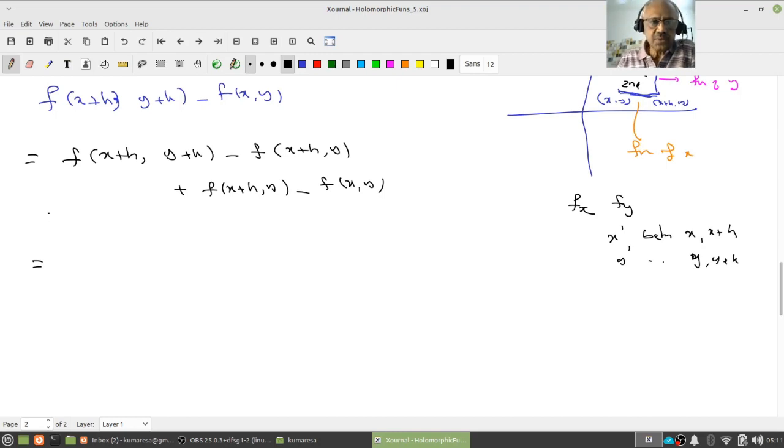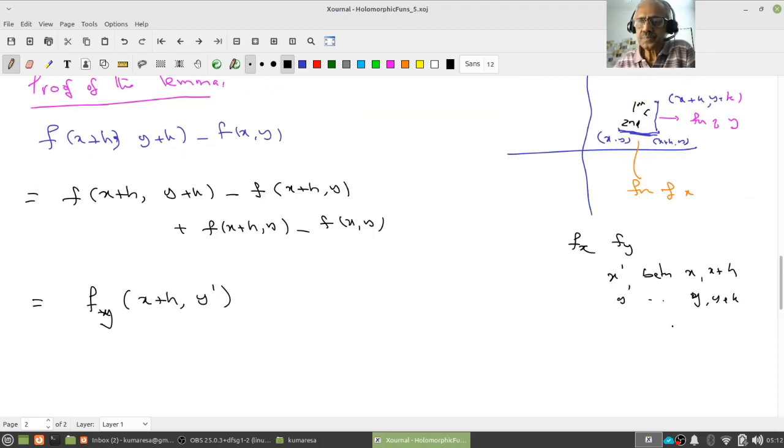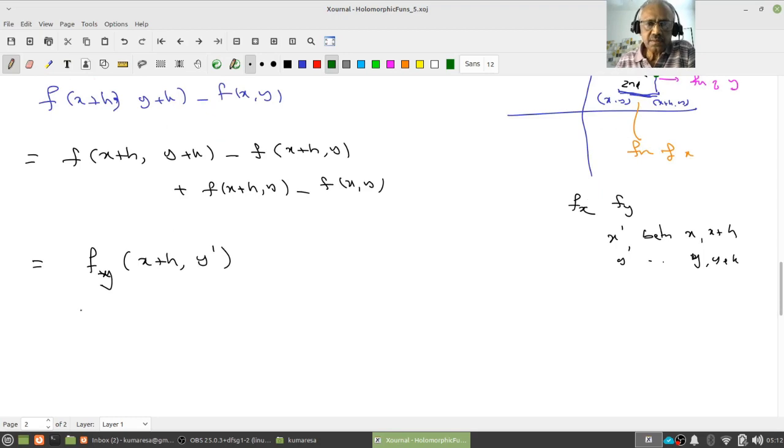So this will be fy at x plus h, some y dash, where there is going to be a point in between these two things, somewhere here, into k.